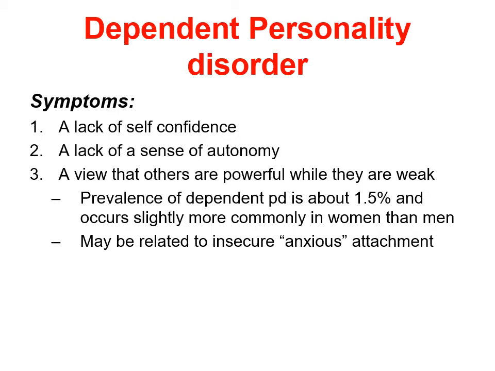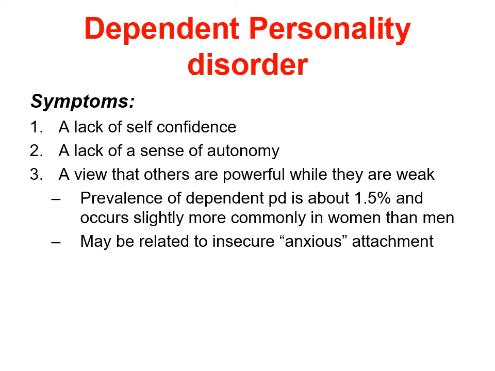With a dependent personality disorder, the symptoms tend to be a lack of self-confidence, a lack of self-autonomy, meaning they just can't do things by themselves. They tend to view others as very powerful, where they see themselves as very weak. So they're more of a submissive type versus a dominant type. You tend to see this more in women.